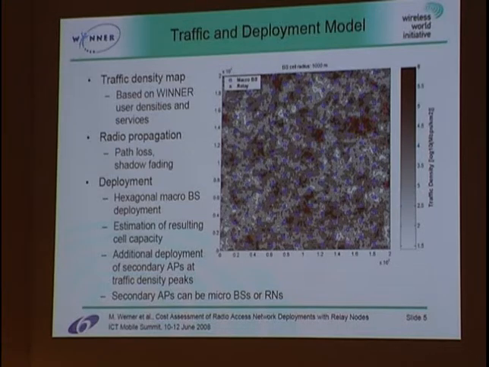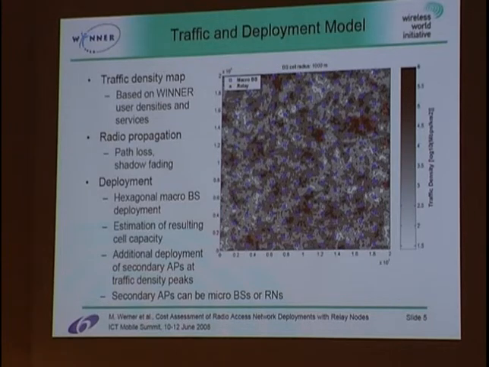So if we increase the base station density, less and less relay nodes will additionally be needed. So we have a kind of interchange in this scenario between base station density and relay nodes density. And the question is now, what would be under the cost constraint, the optimum densities of base station and relay nodes to cover this area here.